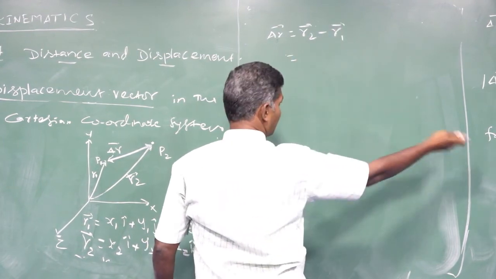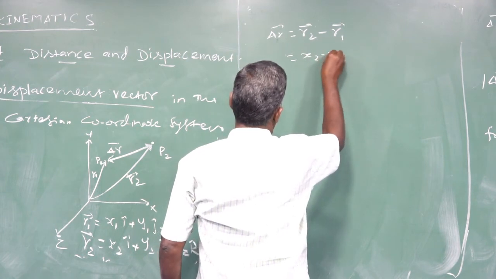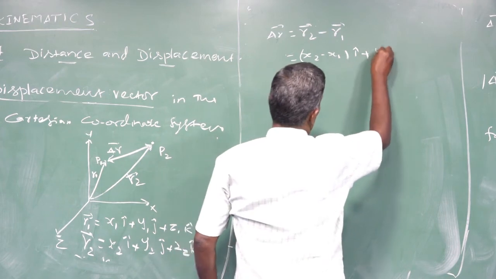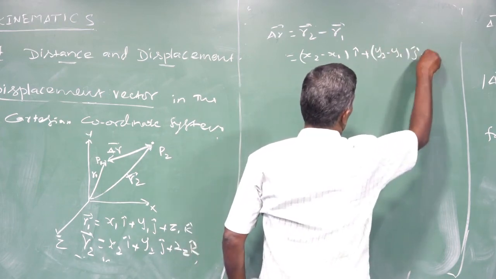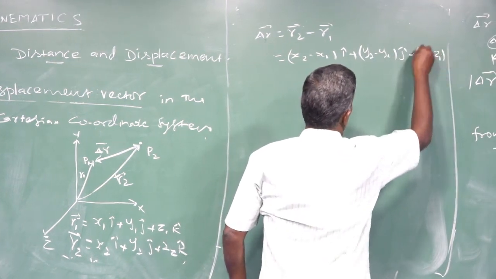Similarly, it becomes x2 minus x1 into i cap plus y2 minus y1 into j cap plus z2 minus z1 into k cap.